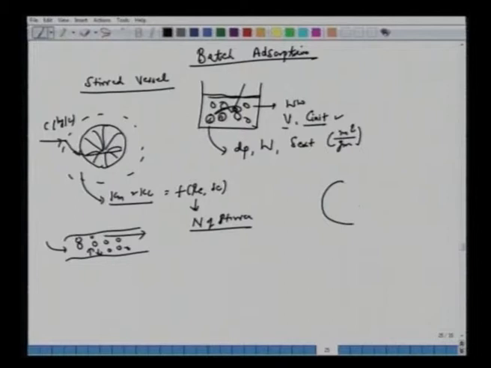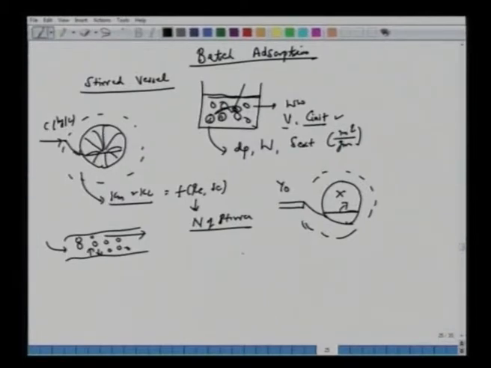So at any time, if you look at this adsorbent surrounded by the solution, to start, say this concentration is Y0 and it's a fresh adsorbent, so there is no concentration inside. After some time this concentration will drop and the solid concentration will increase, but there is only one concentration here, X. There is no concentration drop inside.